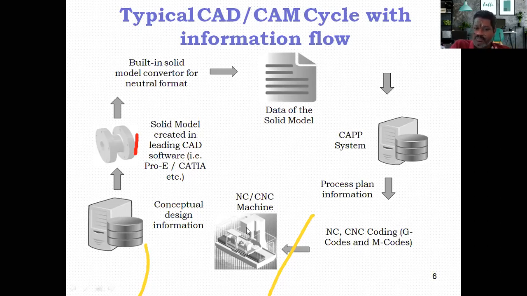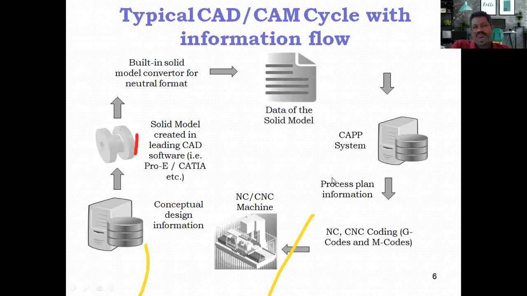So this is the typical CAD CAM cycle, and these are the actual steps involved. You have conceptual design, and finally you manufacture the component using the NC or CNC machine.